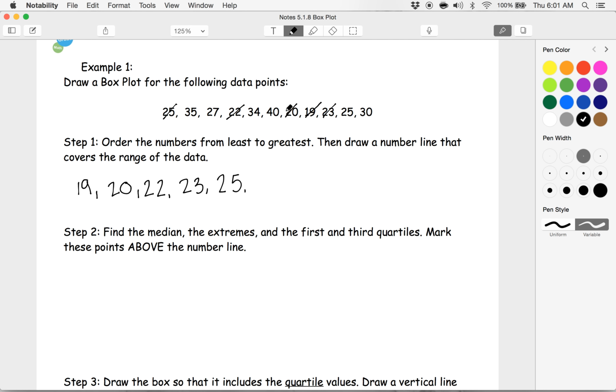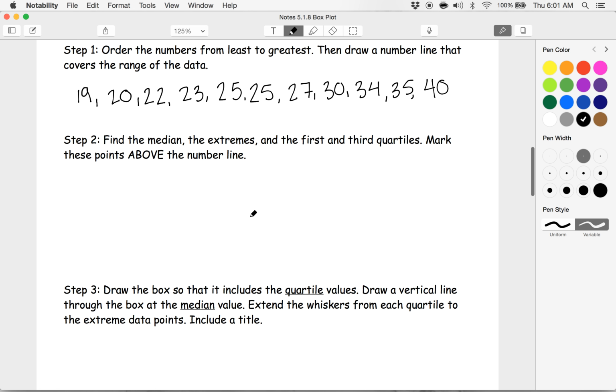Oop, and look, I actually have another 25. So then after that, it looks like 27. Am I out of the 20s? I'm out of the 20s, so we're in the 30s. 34. 35. And looks like 40 is my last one. So I put them in order from least to greatest.